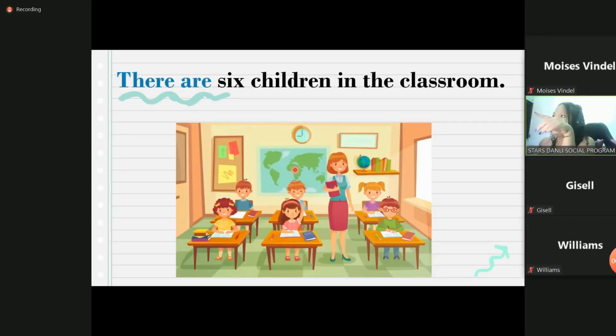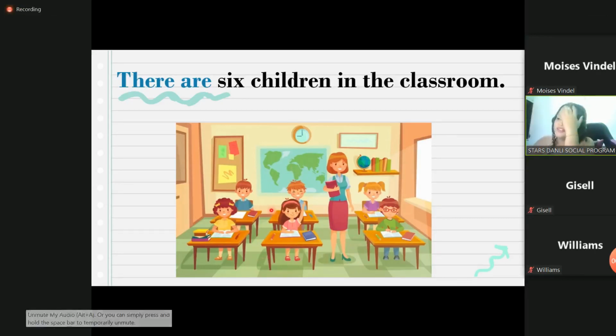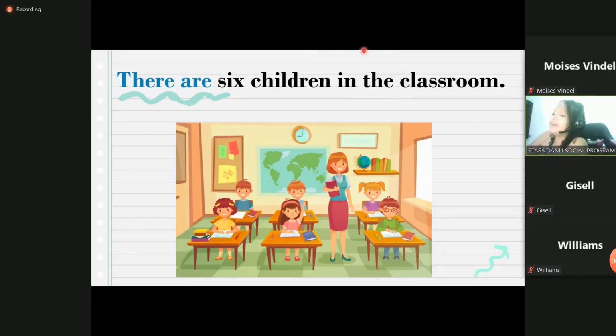Which one? 6? Desk, you said? Okay, desk. Or we can say, in this case, tables, right? So there are 6 children and there are 6 tables. ¿Qué más podemos observar en la imagen? ¿Y qué podemos expresar usando there is and there are?